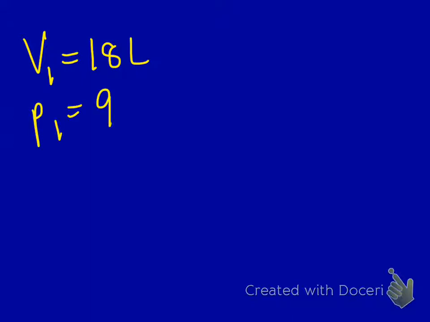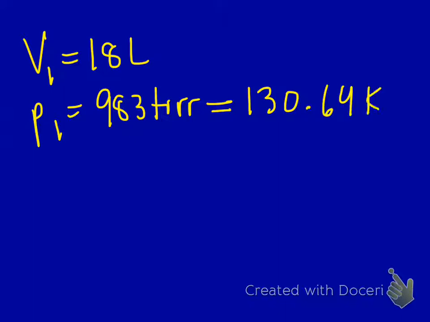So I know I have an elastic container. It's inflated to a volume of 18 liters at a pressure of 983 torr, right? But we changed that to kPa, so the new number is 130.64 kPa. So no longer am I using that.